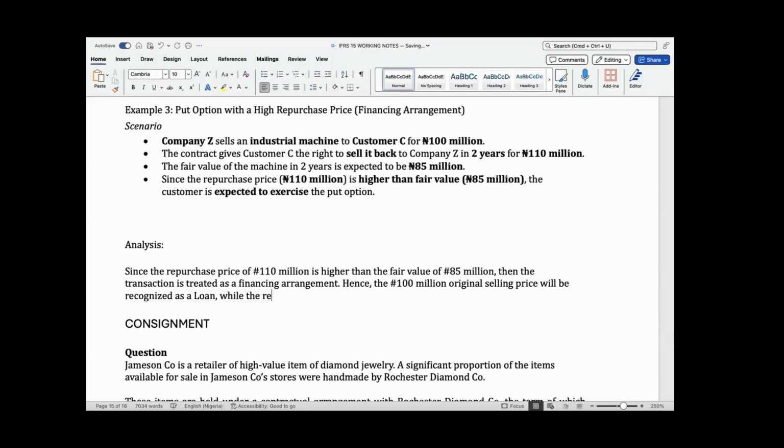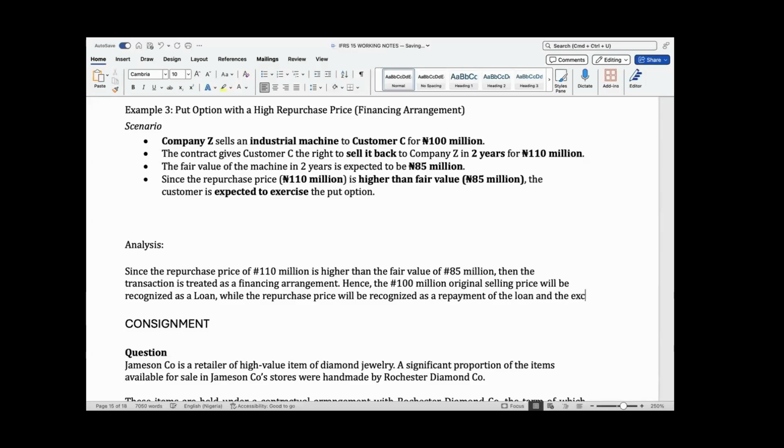While the purchase price will be recognized as a what? Payment of the loan.